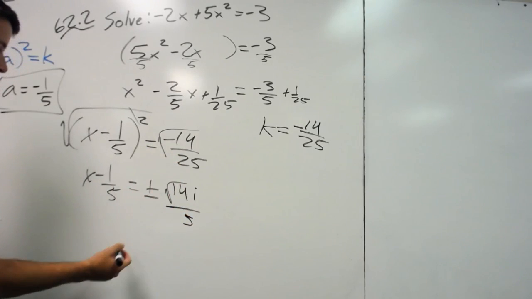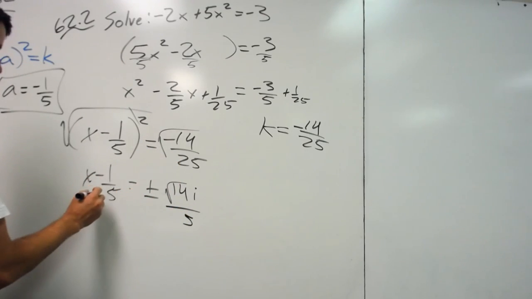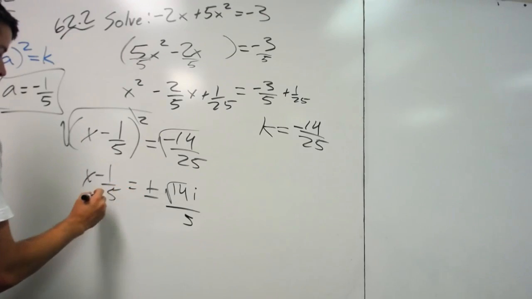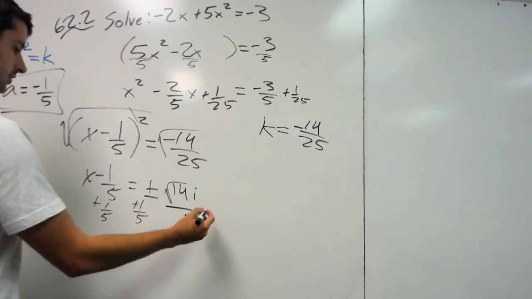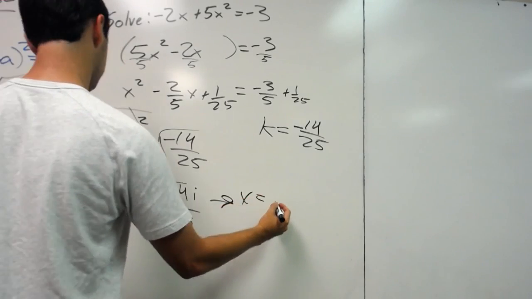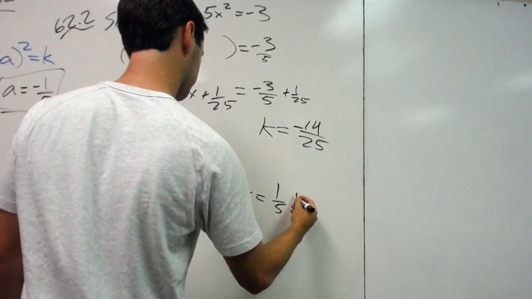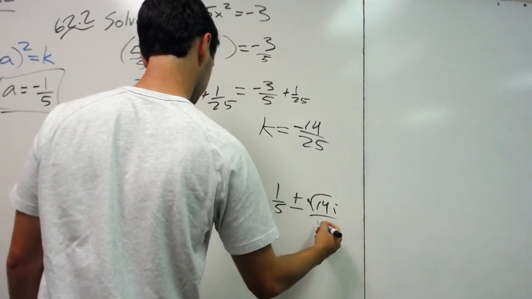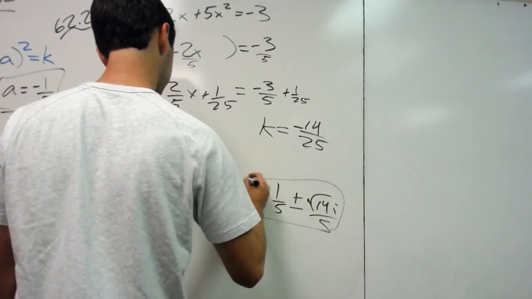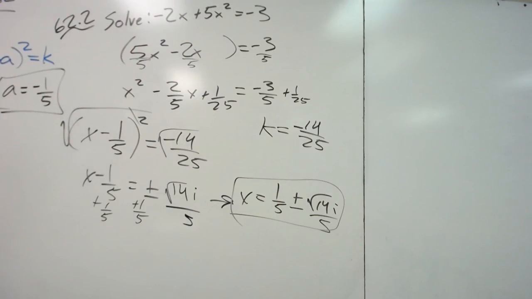Then from this point, we simply add 1/5 to both sides. So our answer is x equals 1/5 plus or minus square root of 14 i over 5. And that's how you solve for these complex roots of quadratic equations.